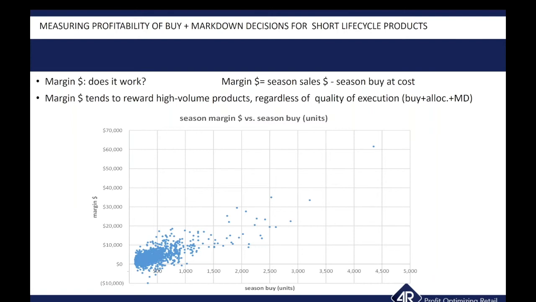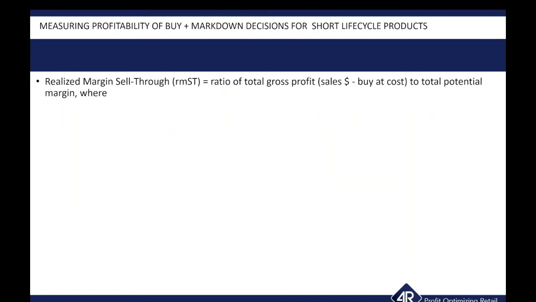We have just the absolute buy, because the point we're trying to make here is that margin dollars correlate quite directly with the volume of the item. Is this a 1,000 unit kind of item or a 10,000 unit kind of item? Especially within the same retailer, where margins don't necessarily fluctuate a lot, what drives margin dollars is really the unit volume of the product.